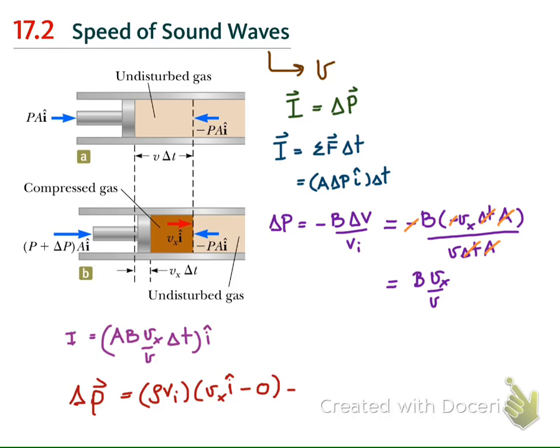So we have that it is equal to rho Vx A delta t i.